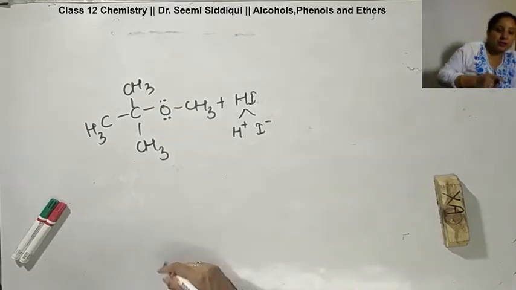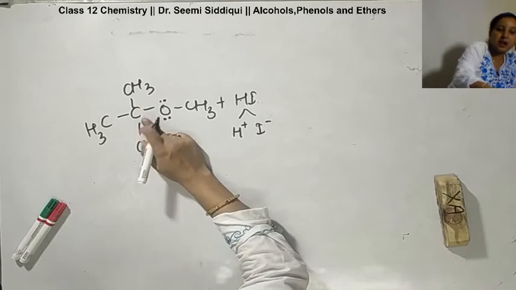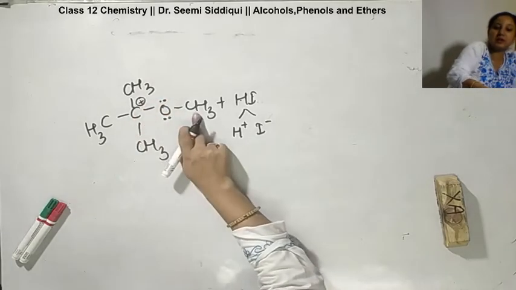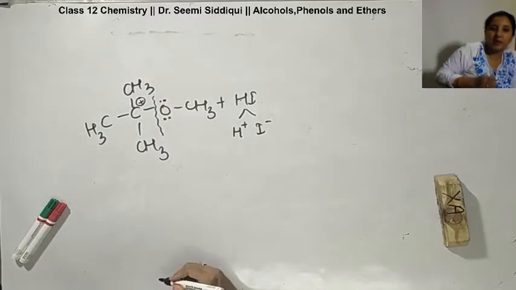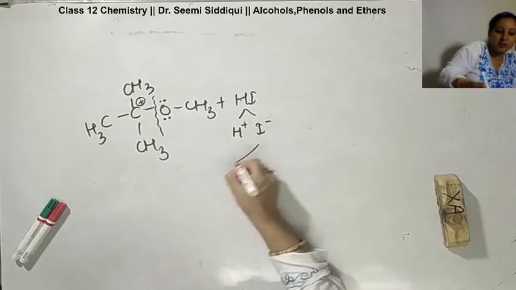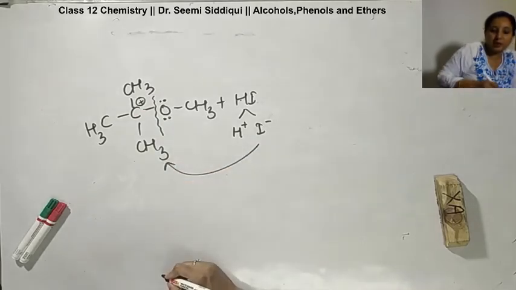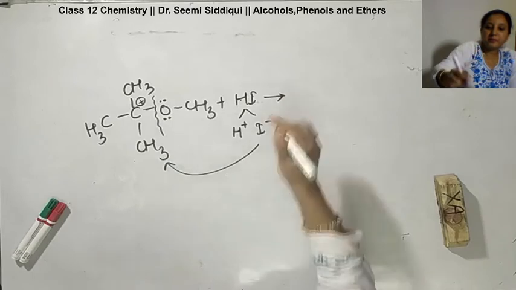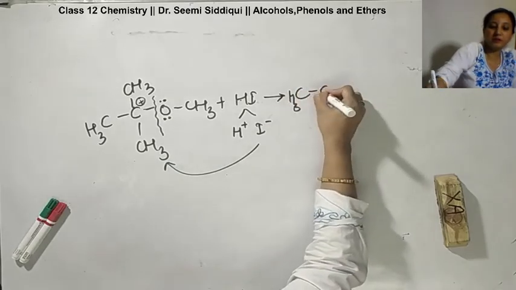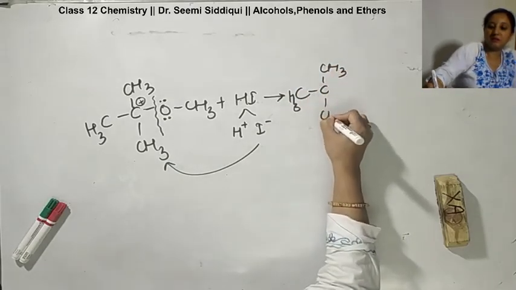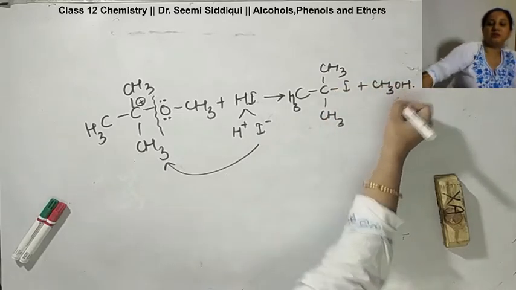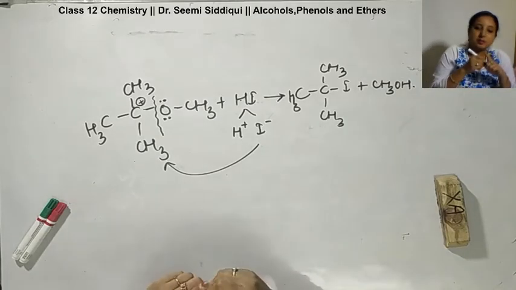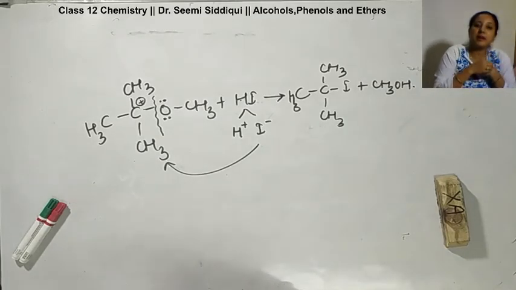So what is going to happen is that we know that the tertiary carbocation is always stable compared to CH3. So this bond is going to break from here. Now, because of the positive charge, I is going to attach over here and H over here, plus CH3OH. So here the concept you have to remember is that the tertiary carbocation is stable in nature.